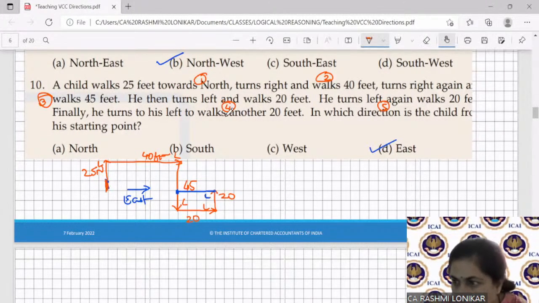This is the start point, and this is the end point. So start point and end point, what is the relation? In which direction is he from the starting point? He is in the east direction.